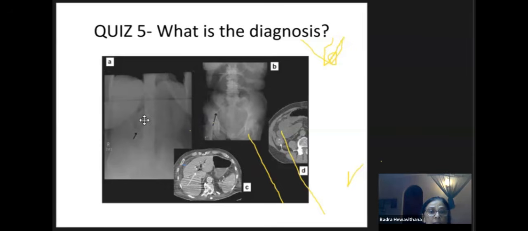In the first X-ray, number A, you see some aerobilia. In X-ray B, you see some dilated bowel loops, and it stops in the right iliac fossa region. When you see aerobilia, you know one possible thing is passage of a calculus, isn't it? But just the passage of a calculus will not give you small bowel obstruction.